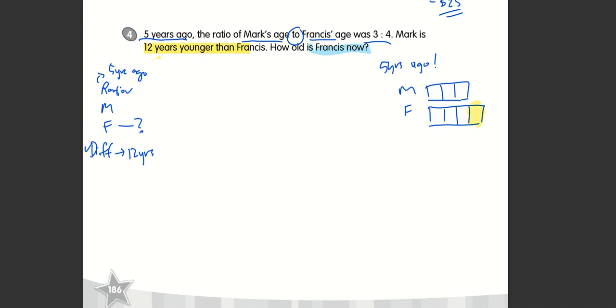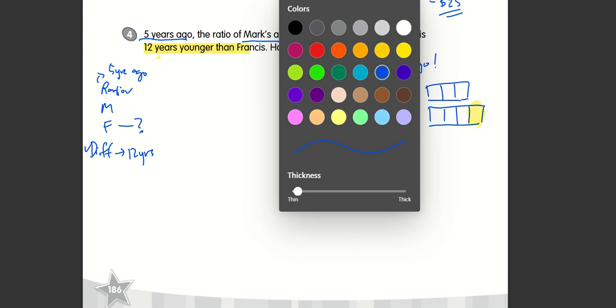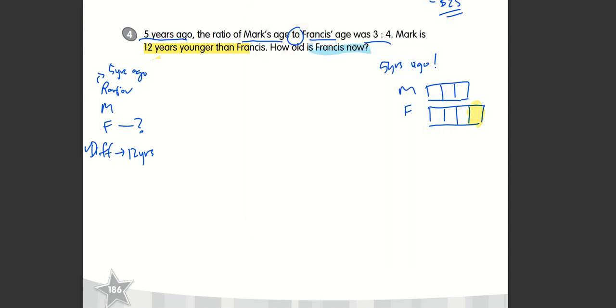But then keep in mind this is 5 years ago. Okay, so if I were to carry on from here, this is the difference. The difference is one unit, because 4 minus 3. So that's 12 years.